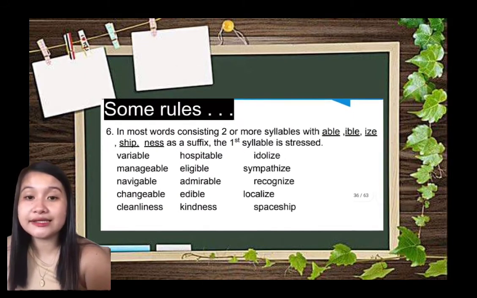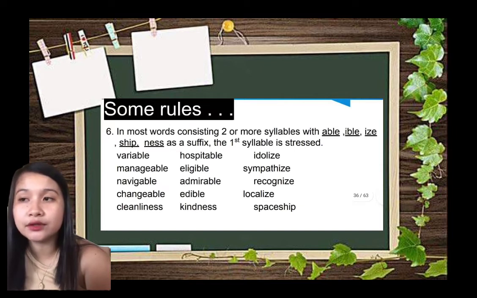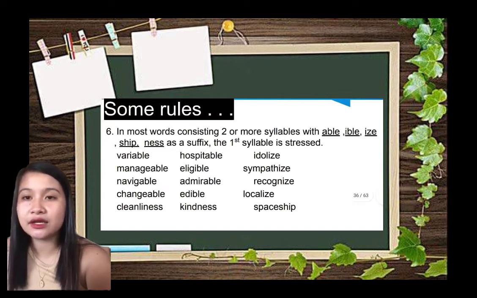The next rule is, in most words consisting of two or more syllables with able, ness, or ship as a suffix, the first syllable is stressed.